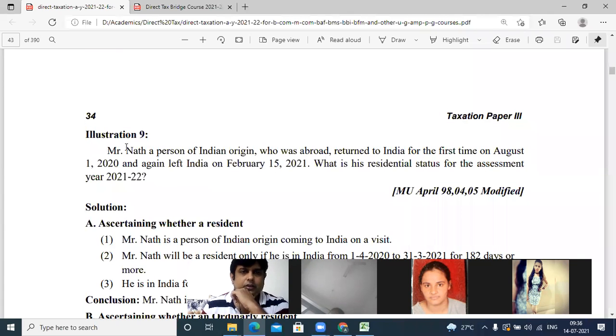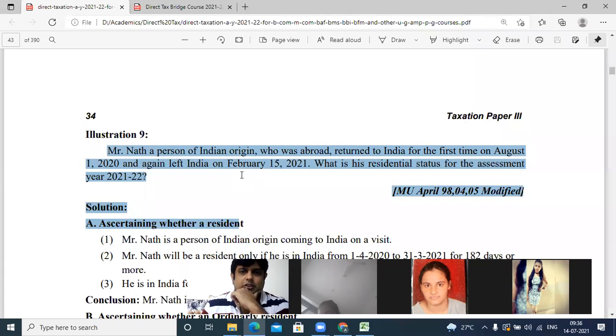Indian origin who abroad returned to India for the first time.